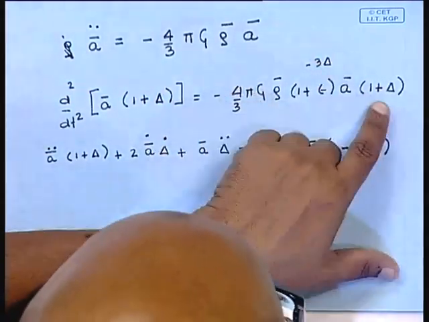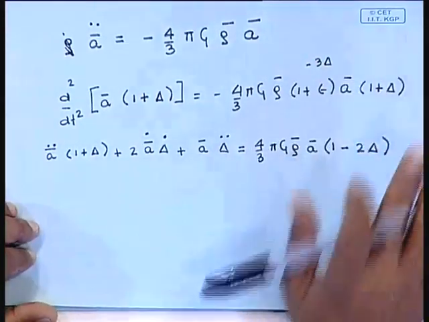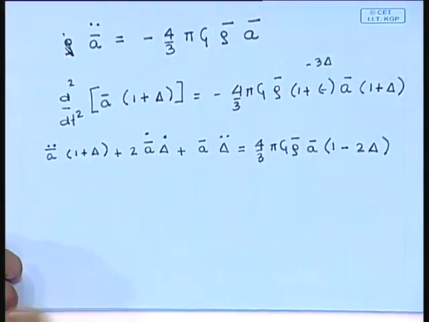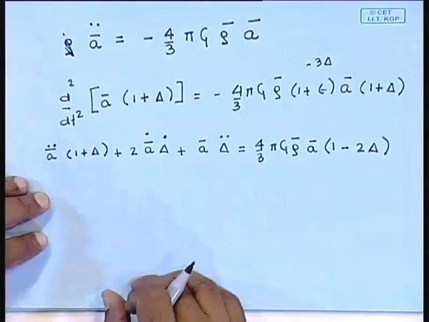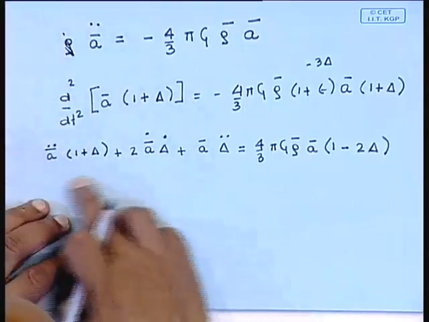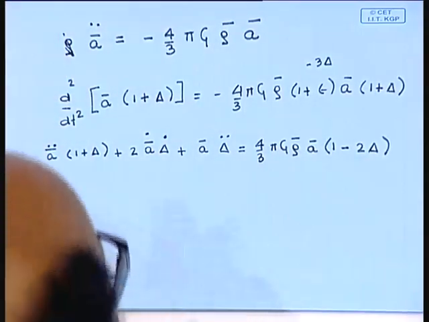The delta squared term will be gone. So, assuming that the differences are small between these two cosmological models, we can write it like this.